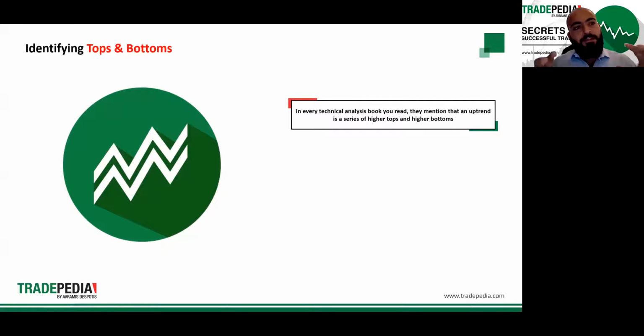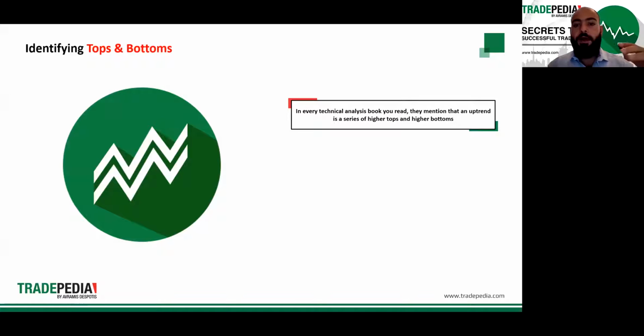In every book you read about technical analysis, it is clearly stated, and in the opening chapters of this book, that a trend is a series of tops and bottoms. It is clearly stated that an uptrend is made up of a series of higher tops and higher bottoms, while a downtrend is identically the opposite.